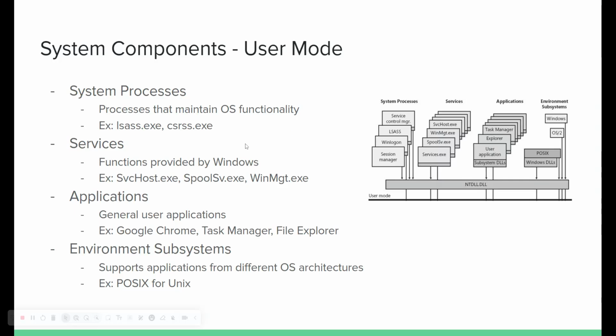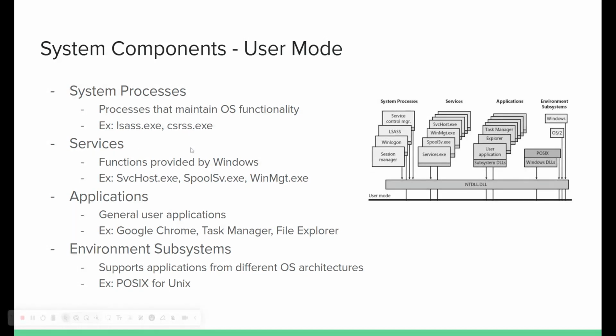And two of the examples that you can see here are LSASS, which is the Local Security Authority subsystem, and CSRSS, which is the Client Server Runtime subsystem. So these pretty much just maintain the OS functionality and make sure that it's doing everything correctly.